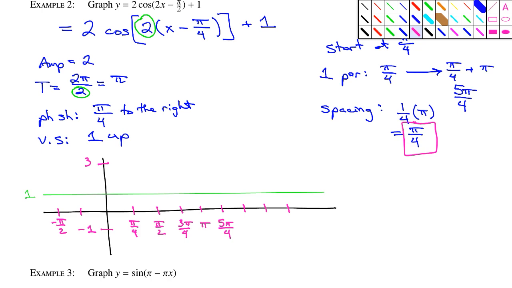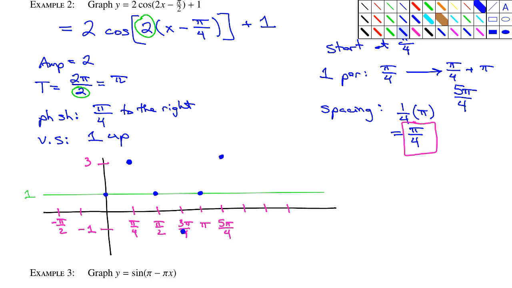So this time, I'll make it in dark blue. So this is the cosine graph. It's going to start at the maximum when the x is pi over 4. Then it goes down to the median, then down to the minimum, back up to the median, and then back up to the maximum. And then it does the same thing, but going in reverse here.